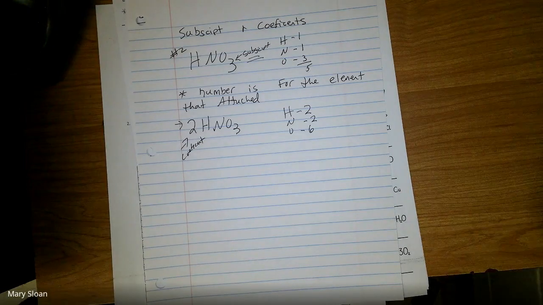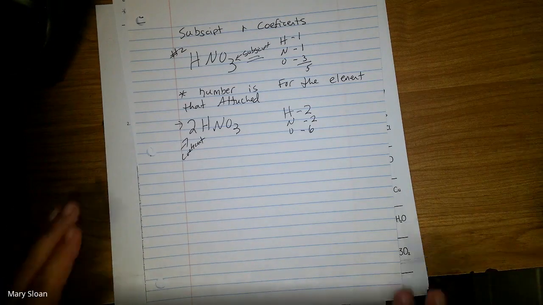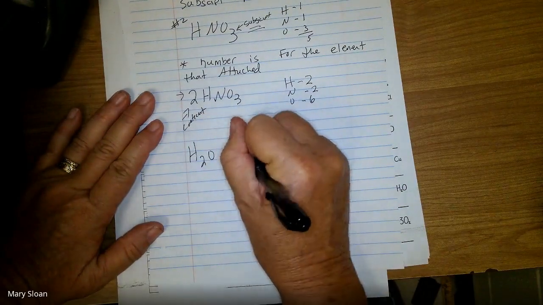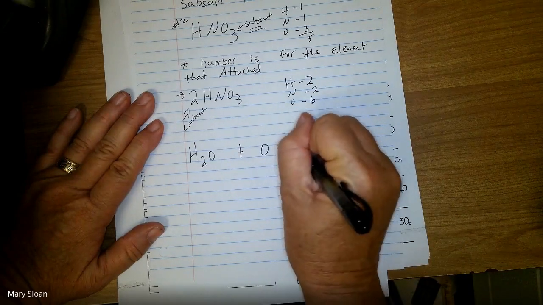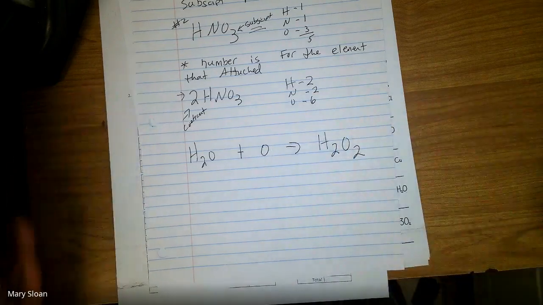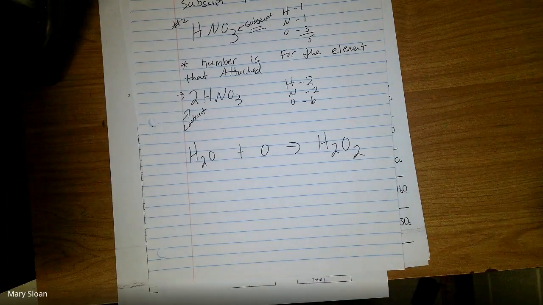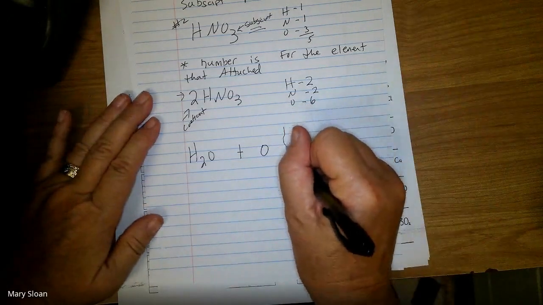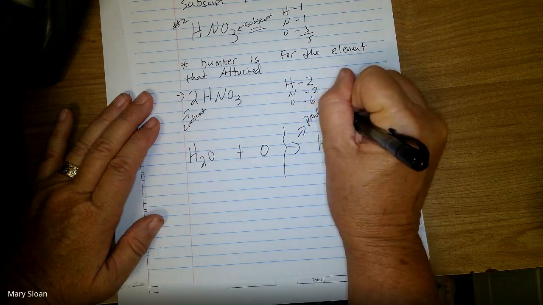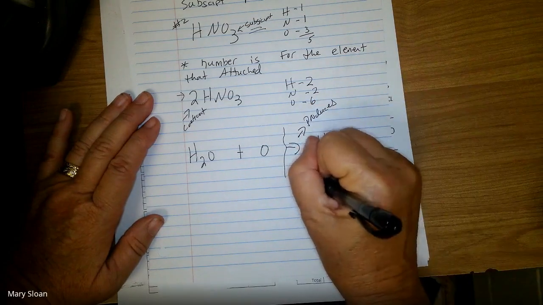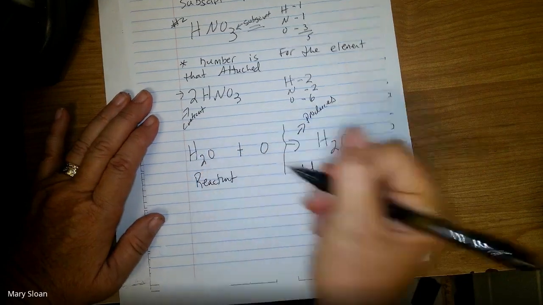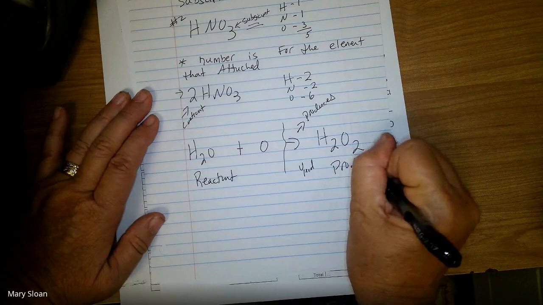The next thing we want to talk about is a chemical equation, okay? So H2 plus O2 yields H2O2, okay? So that's just one I made up. If we're looking, this yield means produces, or you can call it a yield. This is the reactant, and this here is the product.